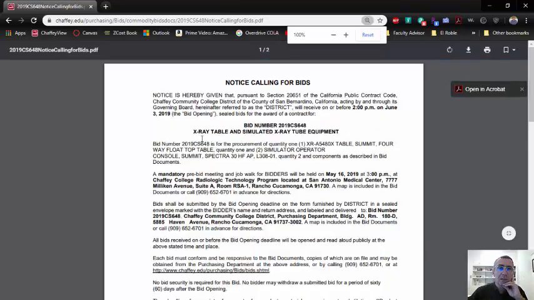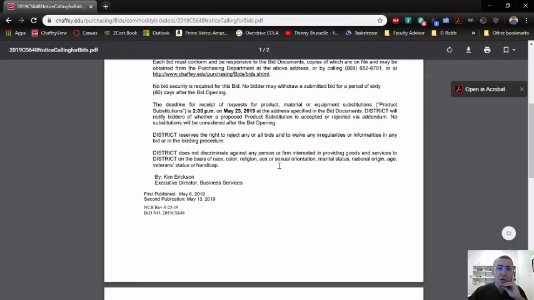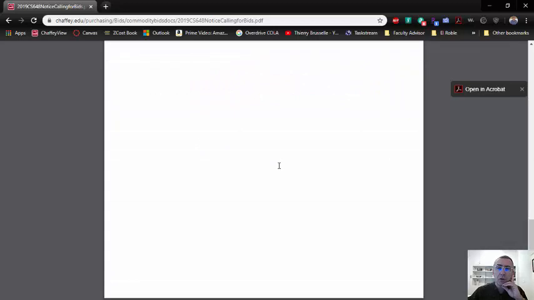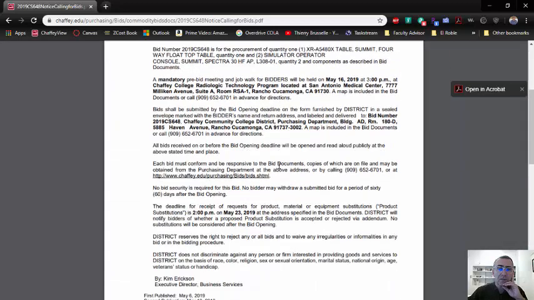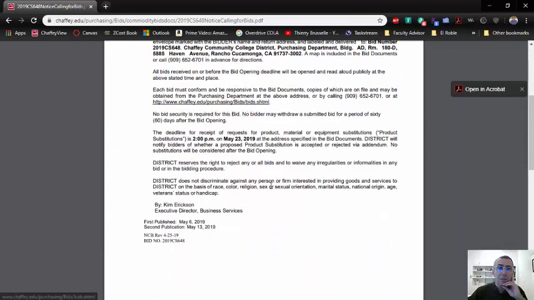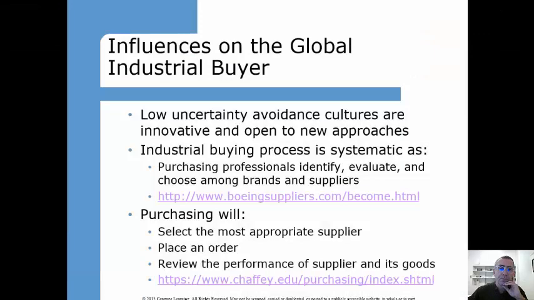Then this is where we have a document that lets them know, for these X-ray tables and X-ray tube equipment, what the specifications are, where to direct their attention if they want to submit their bids, what the deadlines are, etc., etc.